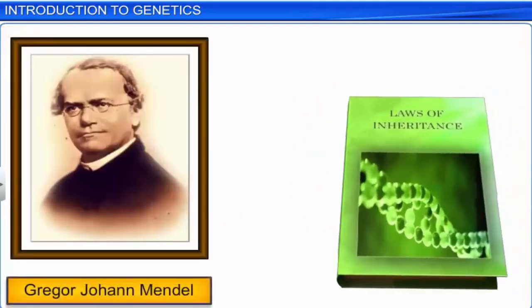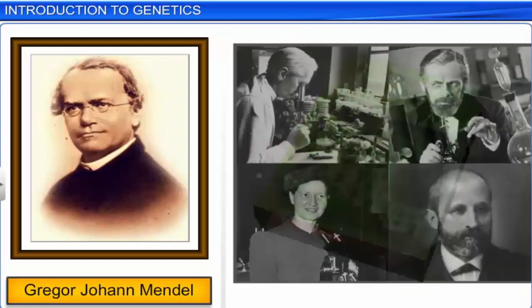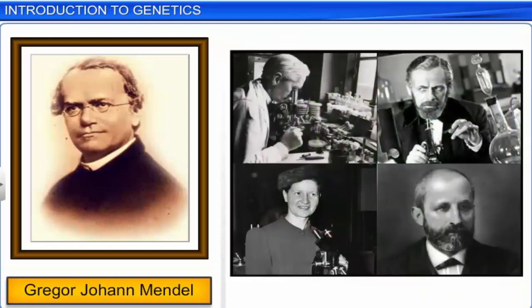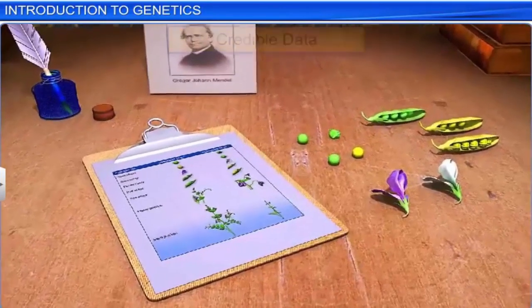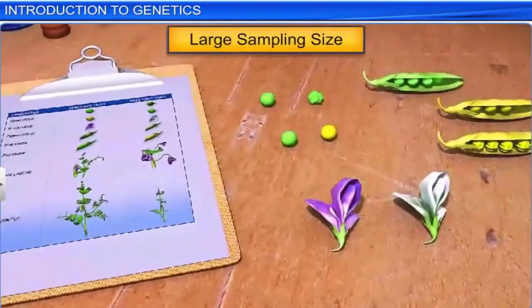The use of true breeding lines helped Mendel create a basic framework of rules relating to inheritance, which were later expanded as scientists discovered new information pertaining to genetics. Also, the data collected by Mendel was quite credible, as he had used a large sampling size for his experiments.